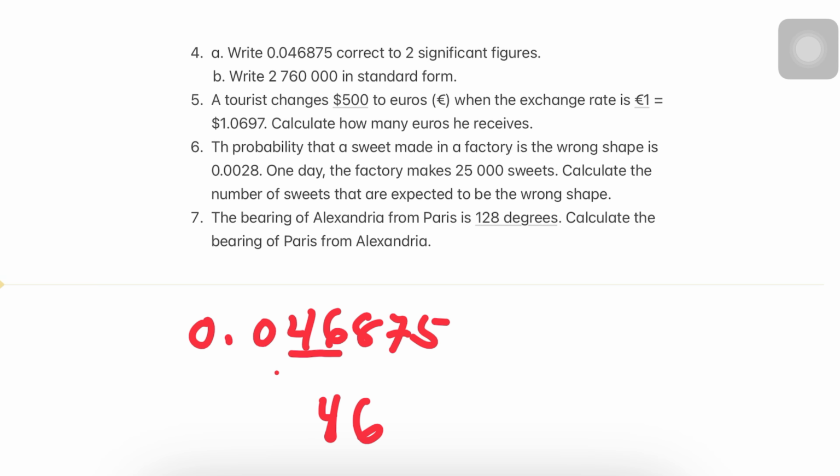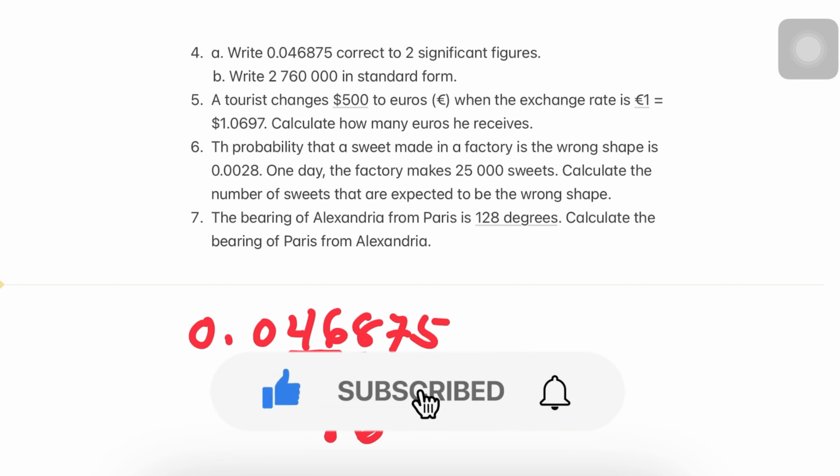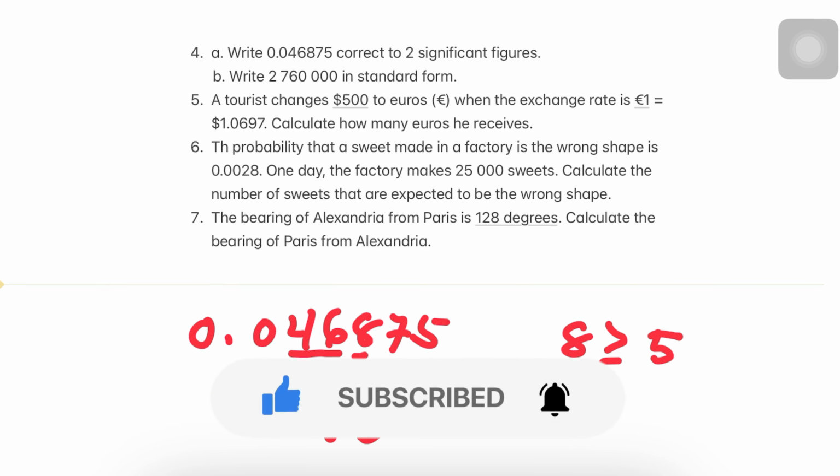Look at the next digit, the third significant figure, which is 8. Since 8 is greater than or equal to 5 when we are rounding up, we make 6 to 7.